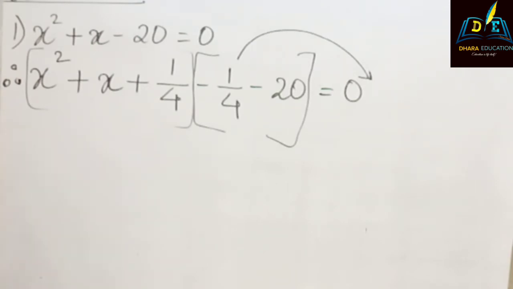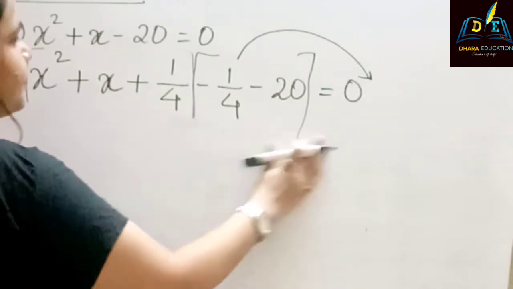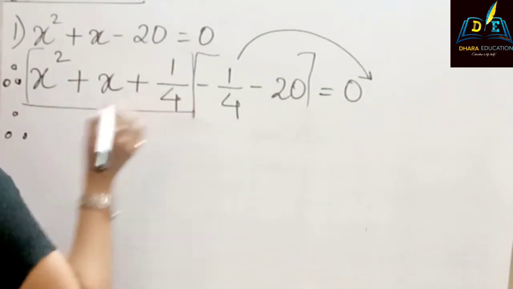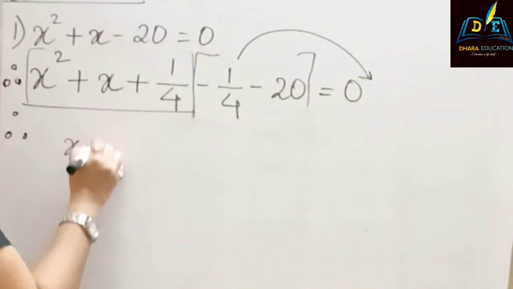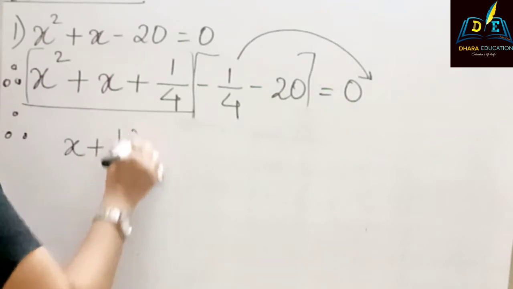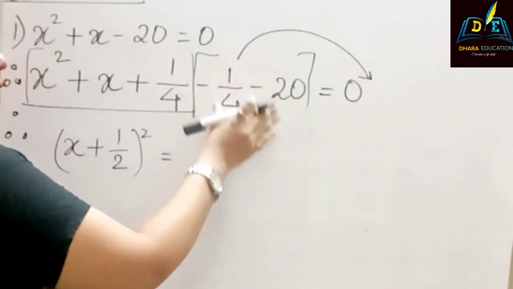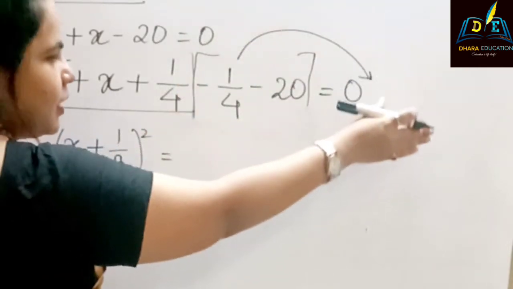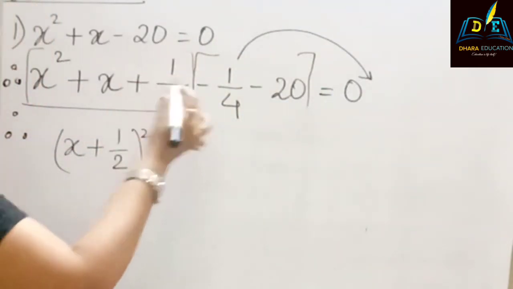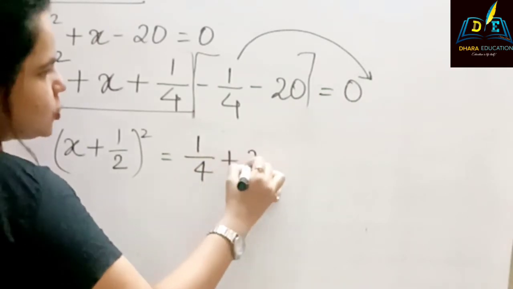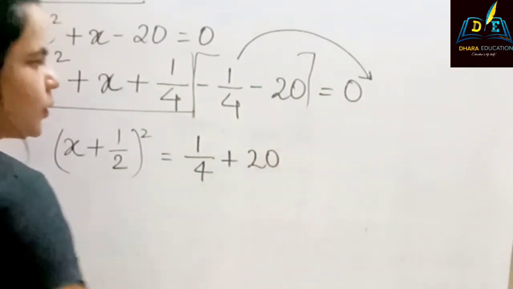So in the very next step, this particular thing will be x plus 1 upon 2 the whole square is equal to, this is going to be sent to the right hand side. So henceforth the thing will be 1 upon 4 plus 20.